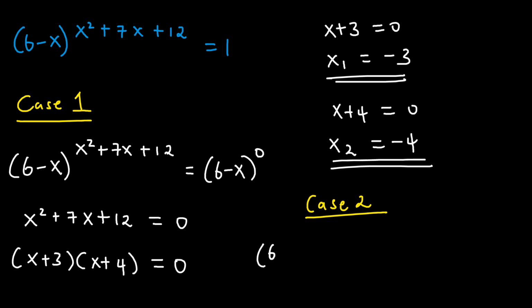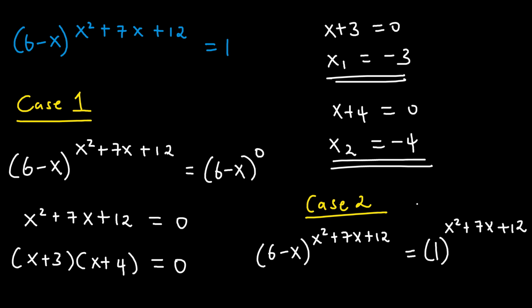Now let's look at the second case. We shall have (6 minus x) raised to the power of x squared plus 7x plus 12 equal to, now we know that 1 raised to any number will be equal to 1. So we shall get 1 raised to the power of x squared plus 7x plus 12.